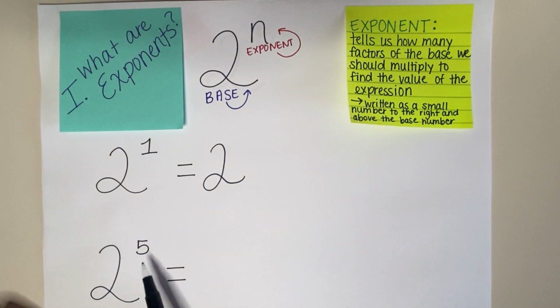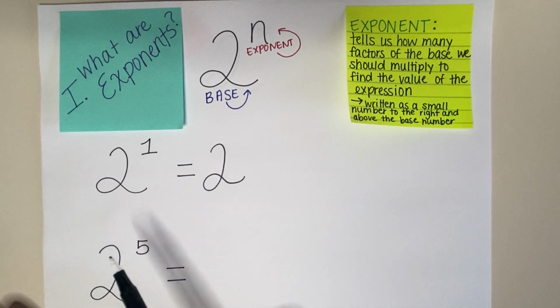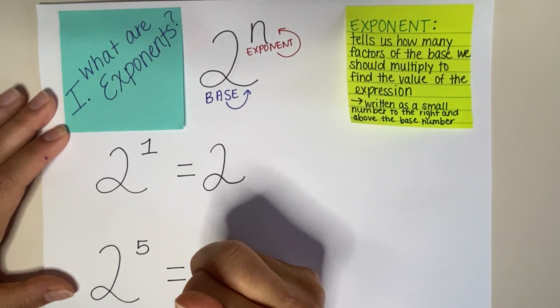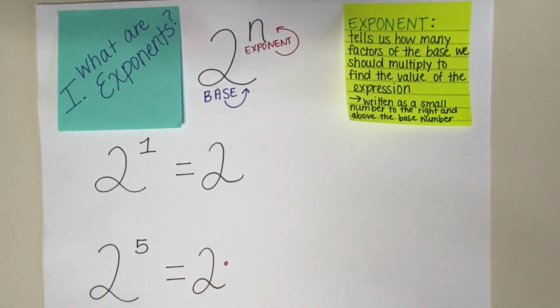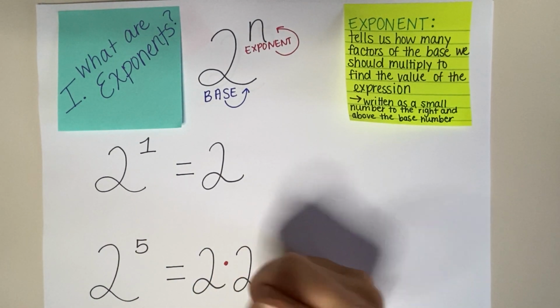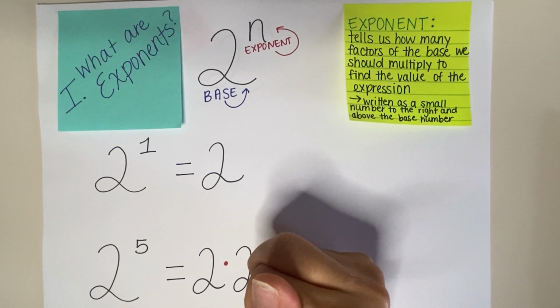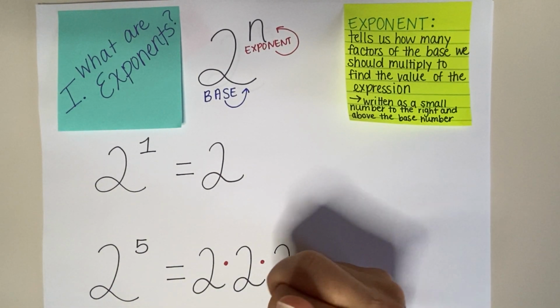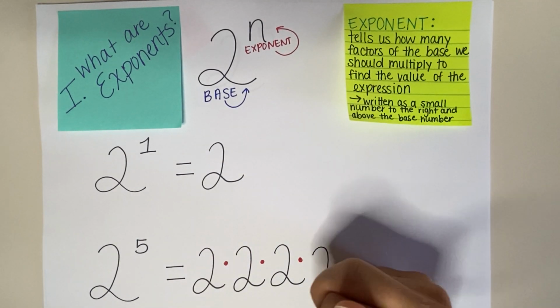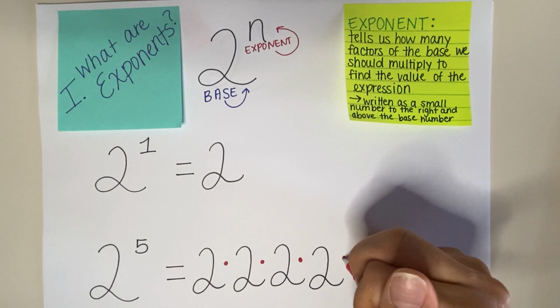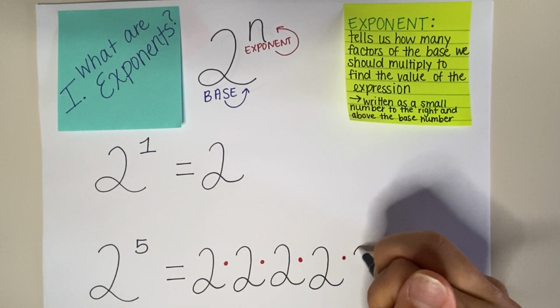Okay? Well, now here we have an exponent larger than 1. So we have 2 as our base and 5 as our exponent. So this exponent is telling us how many factors of the base we need to multiply. So we have 1, and again, we are multiplying, 2, 3, 4, and 5.